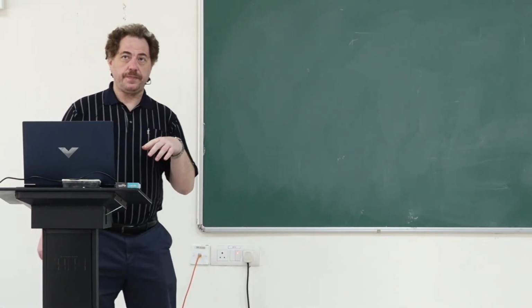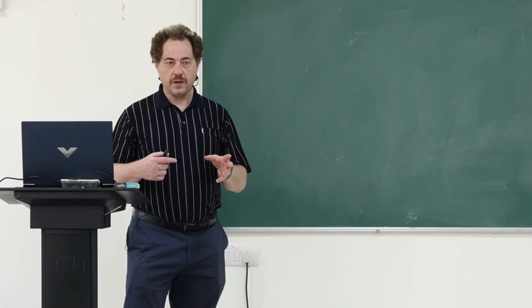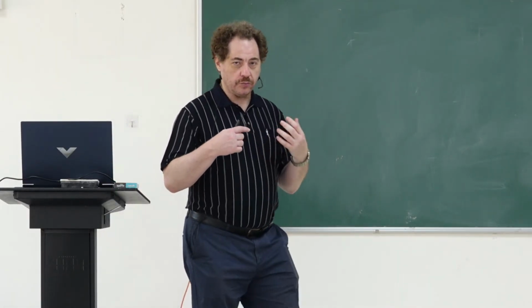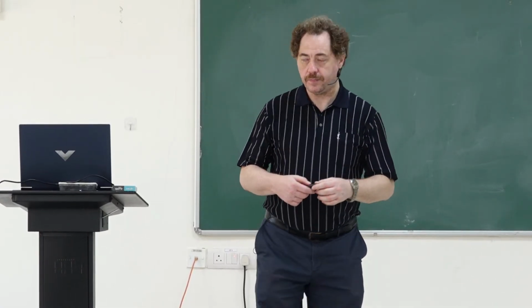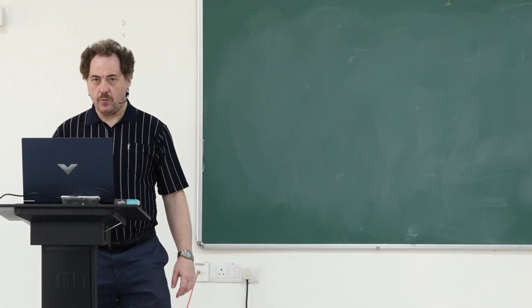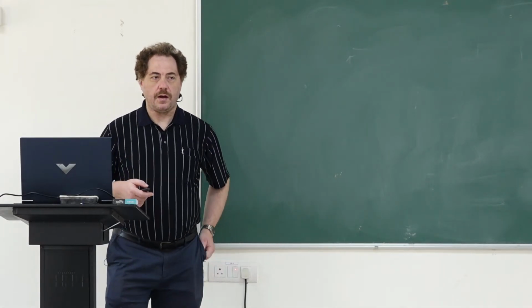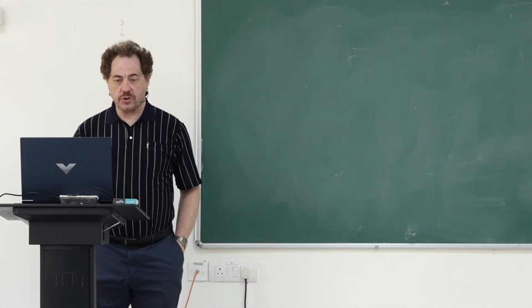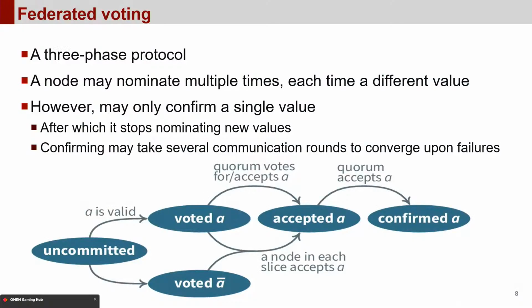So the idea of Stellar is to build dynamic federated quorums on the fly. Once the quorum is determined, Stellar executes what's called federated voting, which is a 3-phase protocol.